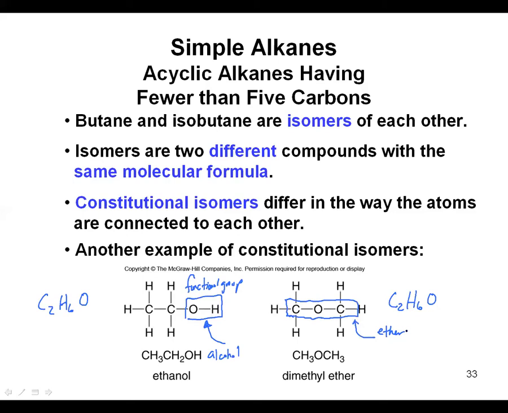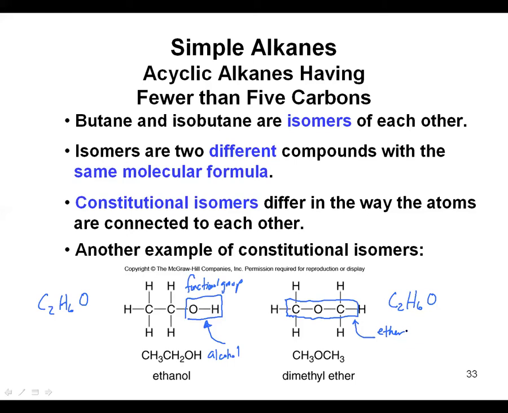So for example, the ethanol on the left can do some hydrogen bonding because it has that oxygen-hydrogen. The one on the right cannot. And because the one on the left can do some hydrogen bonding, it's expected that it would have, for example, a higher boiling point, right? The stronger the intermolecular force, like hydrogen bonding, the higher the boiling point. So the one on the left would have a higher boiling point.